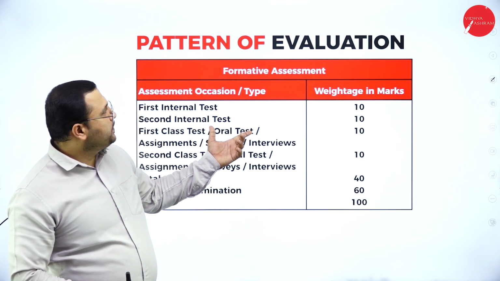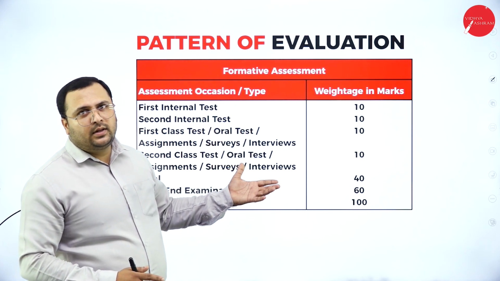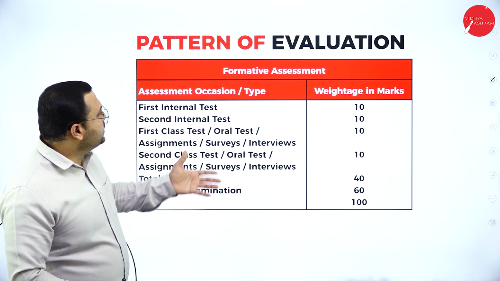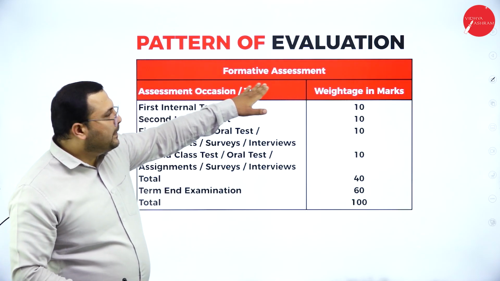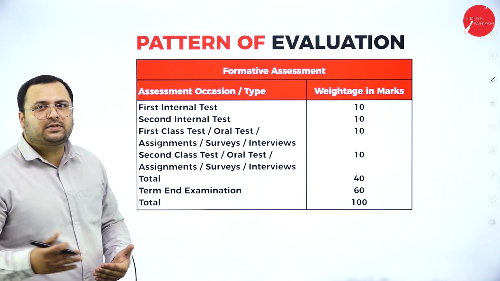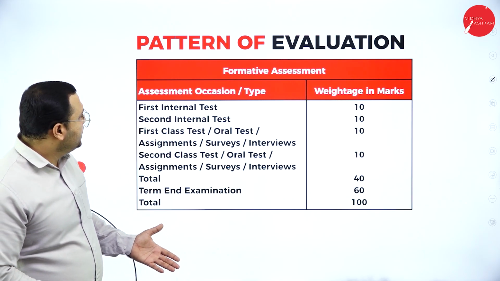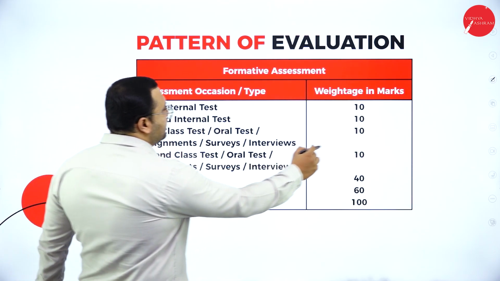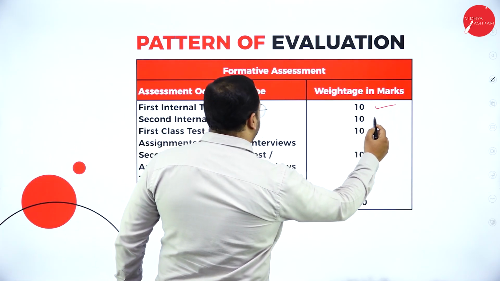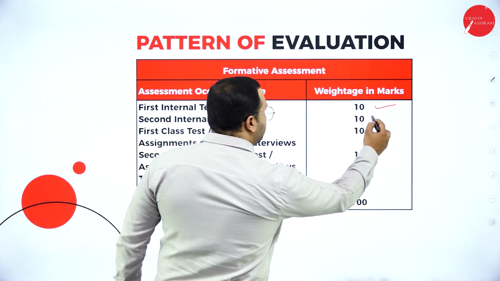Coming to the question paper pattern and evaluation, the first thing is the evaluation. So your evaluation is called formative assessment. In each semester it goes like this. You have first internal test for 10 marks, second internal test for 10 marks.